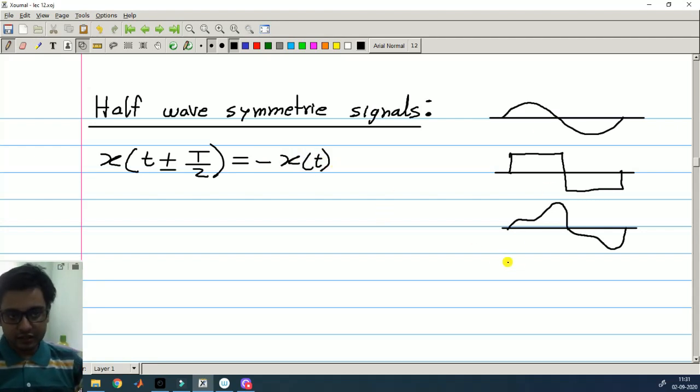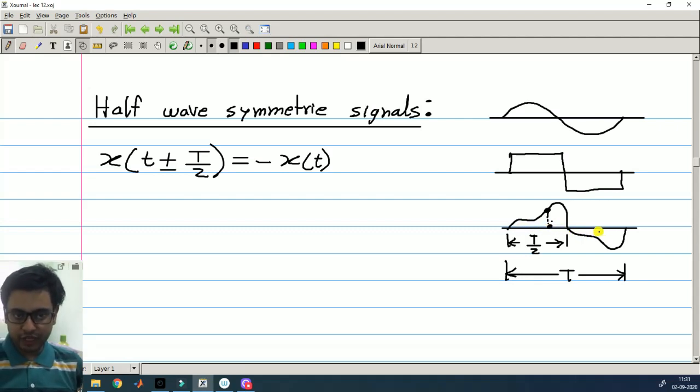So here this is the time period capital T, that means this is T over 2, and if you consider any point t, then here the value is this much. Now if you move forward or backward by half time period, and come here, then the value at this point is just the negative of this value.